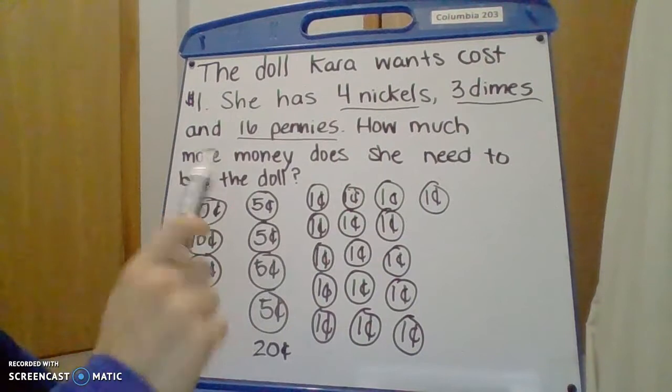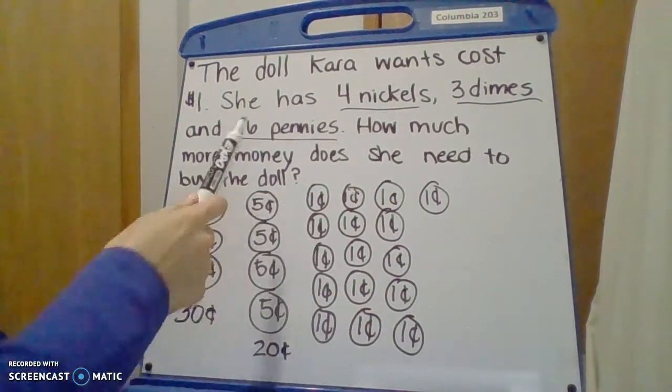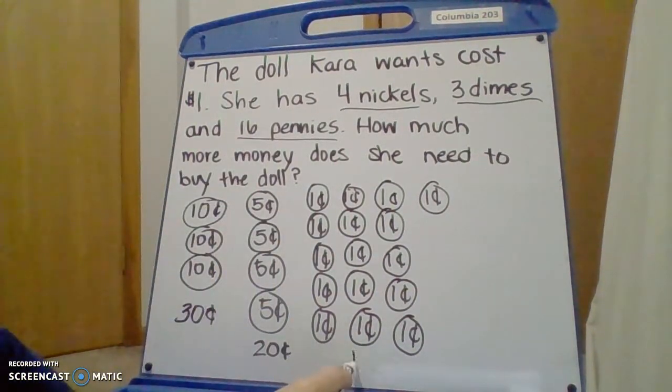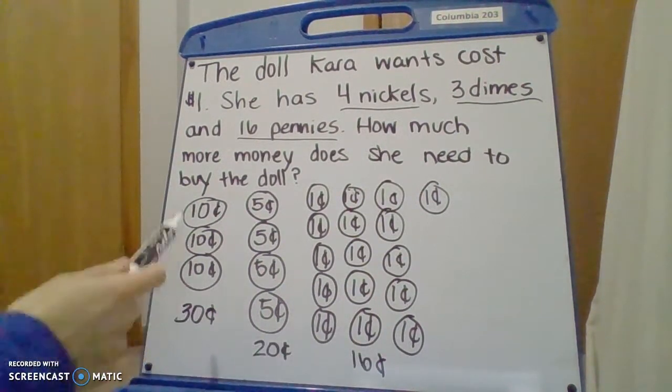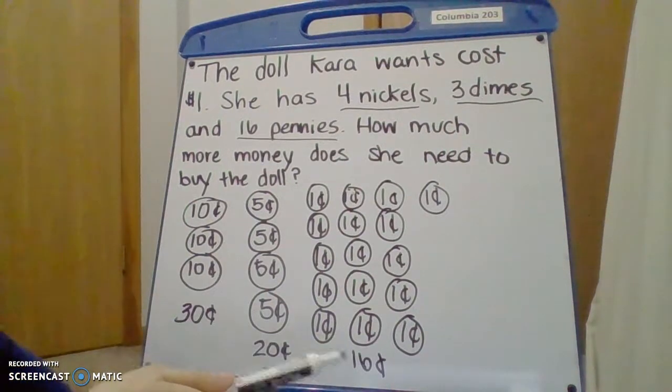And then we know they're all worth 1 and we have 16. So we have 16 cents here. So now you're going to do 30 plus 20 plus 16. Don't forget this step. I've seen scholars skip this step and say, oh, well, I figured it out. You're not done yet. Remember to always go back and look at your question to see if you answered it. We didn't answer our question yet.